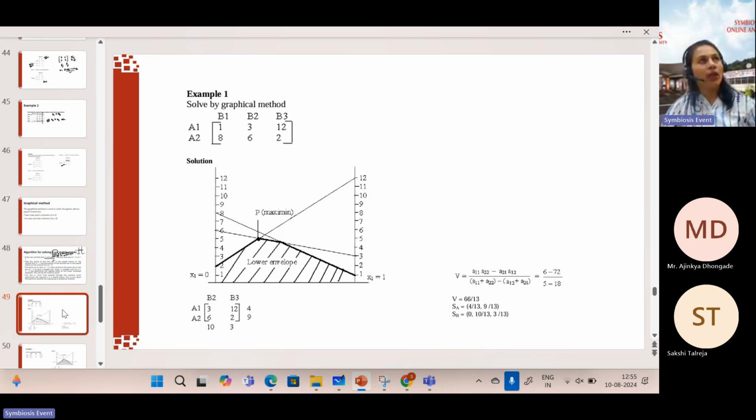As you remember in our linear programming problem, when we started the graphical method, we were looking for a region which is bounded by all given limitations, right? And by looking at that feasible region, I'm very sure that the point which is far away from the origin is going to give me the maximum profit.